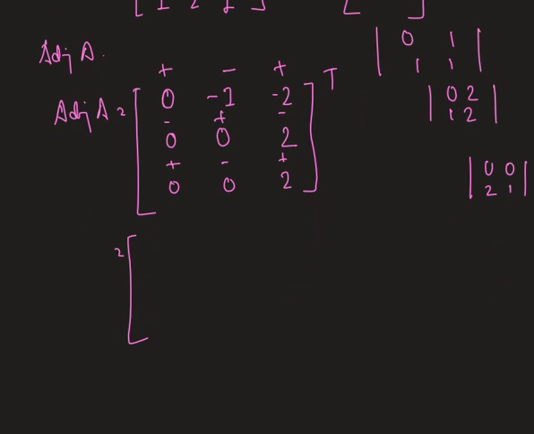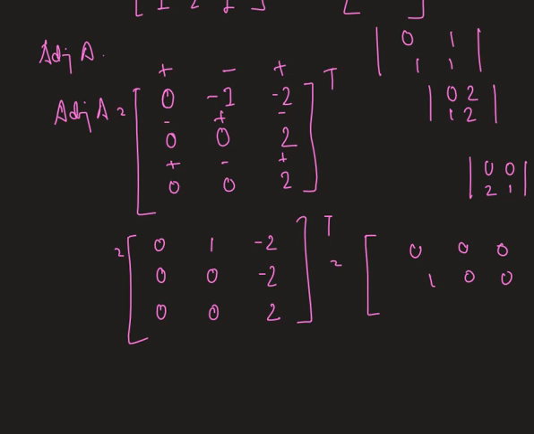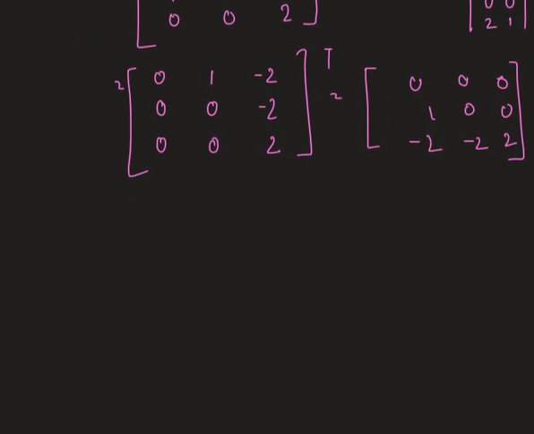Therefore, the adjoint results in 0, 1, minus 2, 0, 0, minus 2, 0, 0, plus 2, transpose. Therefore, the resulting matrix is 0, 0, 0, 1, 0, 0, minus 2, minus 2, 2. So this is the answer, that is the adjoint of A.